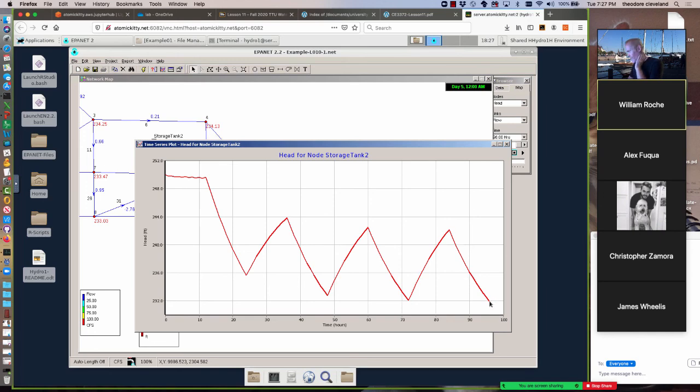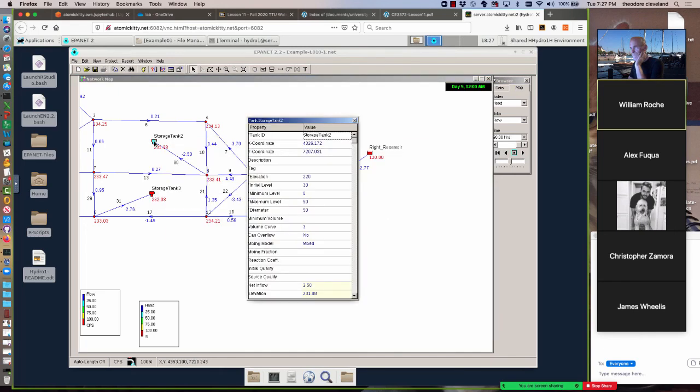We can modify it. We could start this at 230 feet. So we'll start these tanks essentially empty.